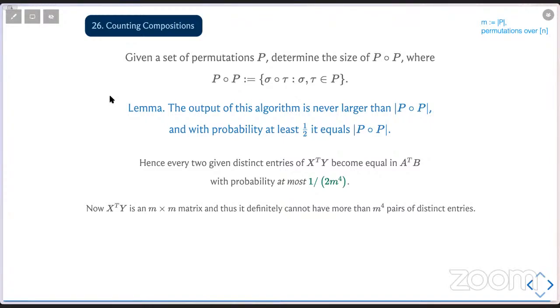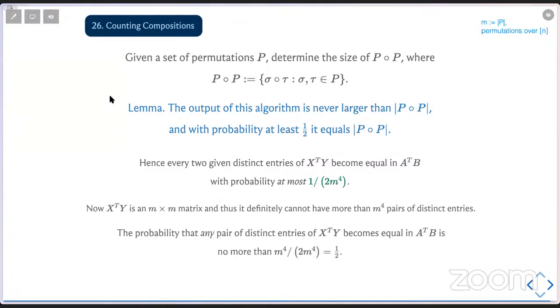I think that's m squared choose 2, but that's upper bounded by m to the 4th, right? So you cannot have more than m to the 4th pairs of distinct entries to worry about. And therefore, what's the probability that you fail even once? That's basically no more than m to the 4th divided by 2m to the 4th. And so that's half, right?